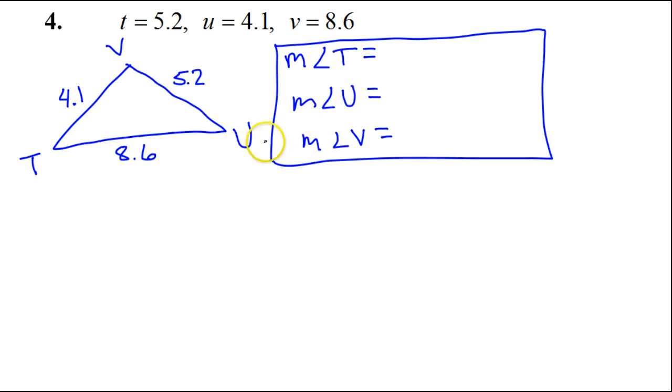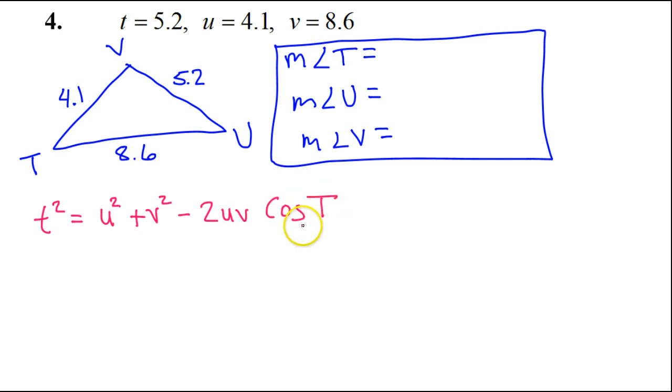So we're going to use the law of cosines. So let's start by finding the measure of angle T. Since we're finding the measure of angle T, I'm going to start my law of cosines with T squared. So T squared will equal U squared plus V squared minus 2UV cosine of angle T. I'm just going to substitute these 3 values in.